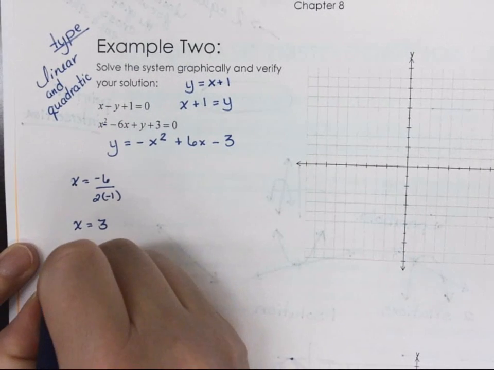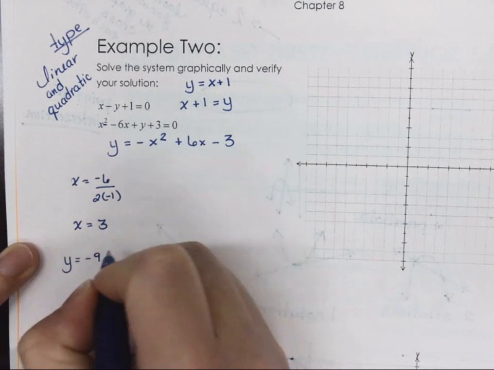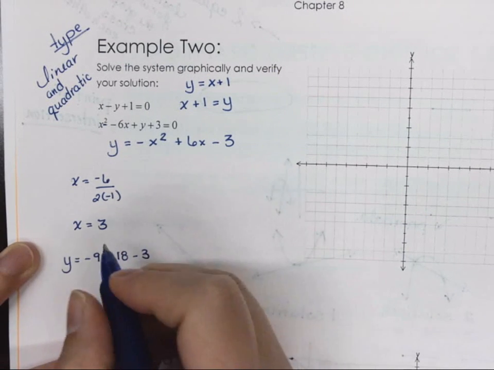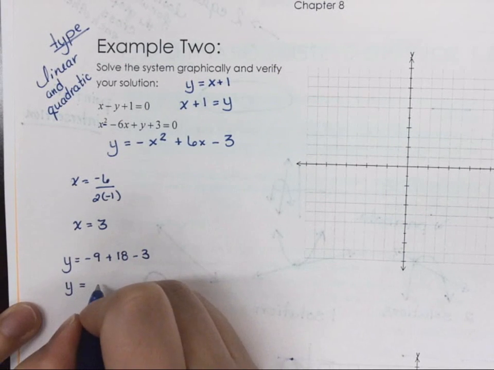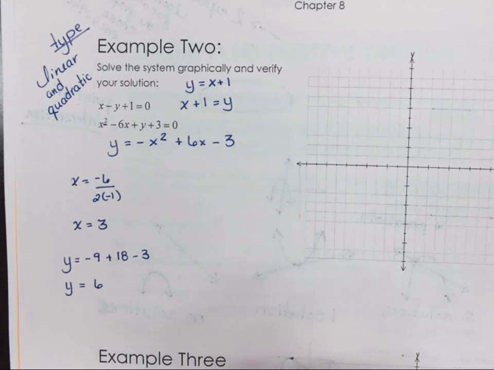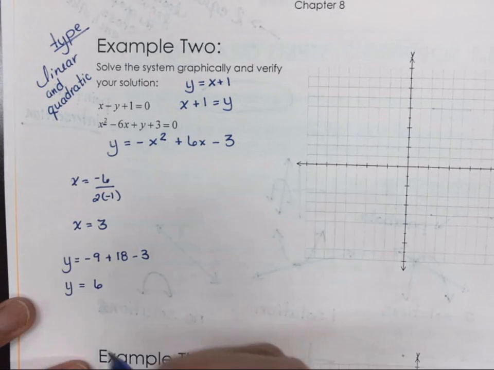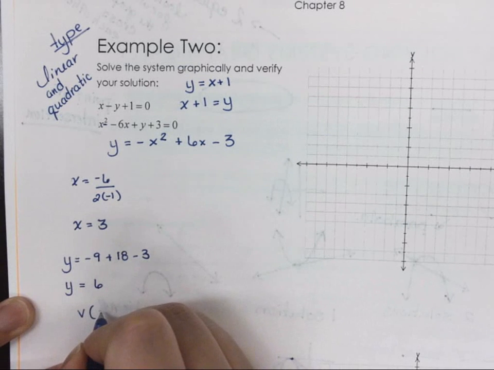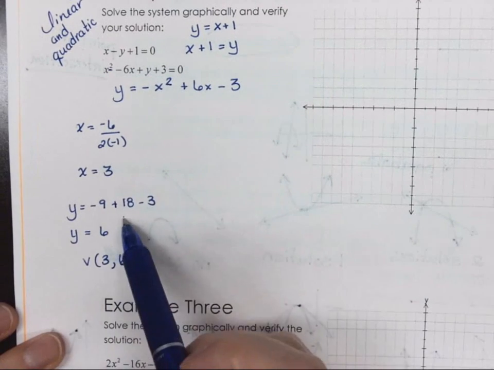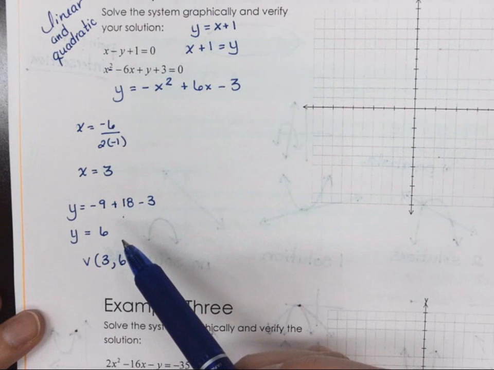So then I'm going to substitute in for y. So I have negative 9 plus 18 minus 3. So y is equal to 6. So my vertex occurs at... what is that last part? I had to substitute it in to get my y-intercept value.